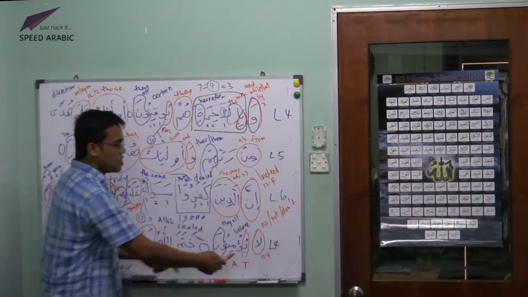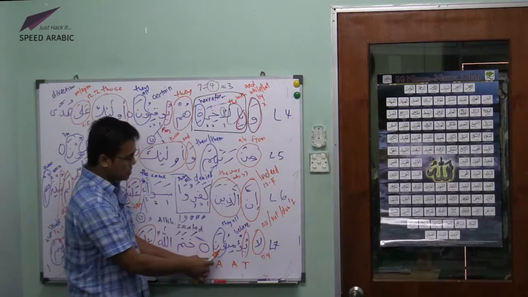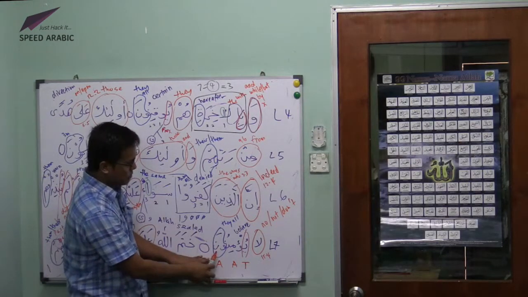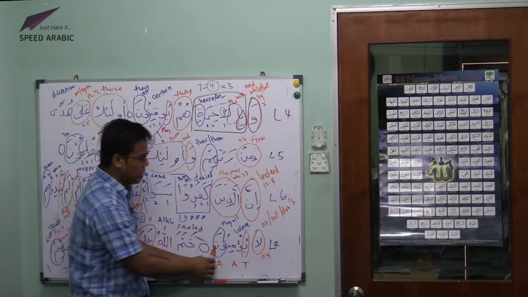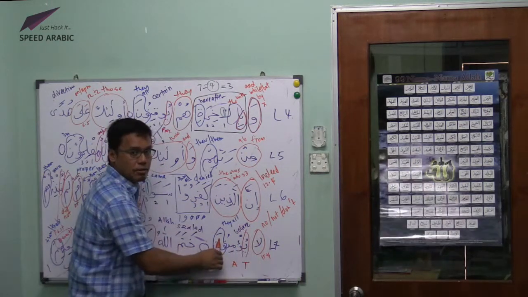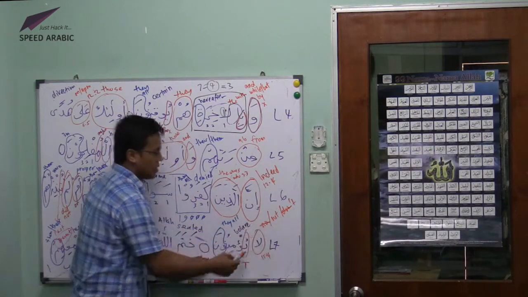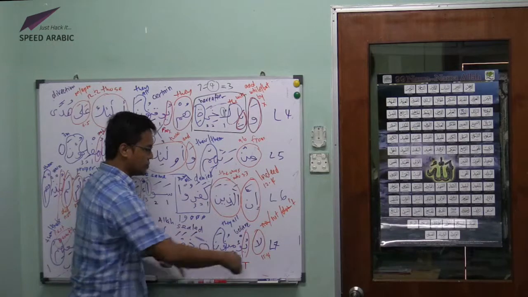Even with a negative particle here, you will get somewhat a Shakespearean translation, which is they all believe not. See that? They all believe not. So this is out, so it's not.